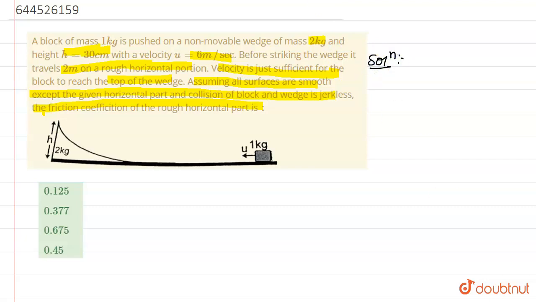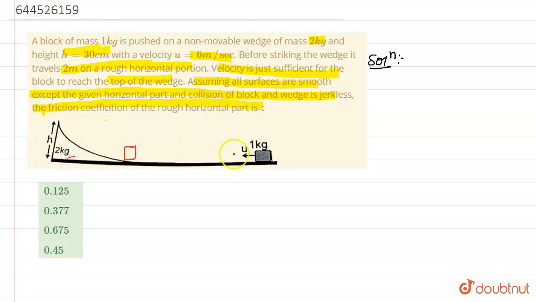First of all, the question is asking about the block at this position. It is moving with initial velocity u, and the block of mass 1 kg is pushed on the wedge of mass 2 kg.